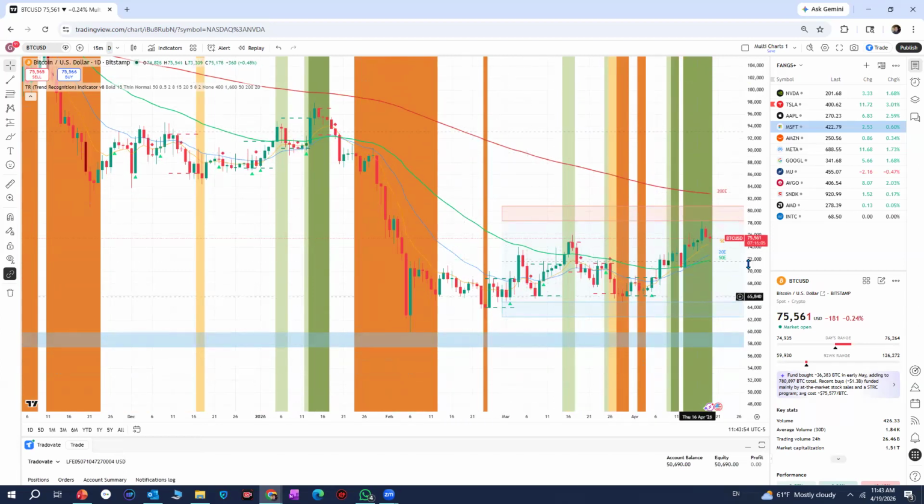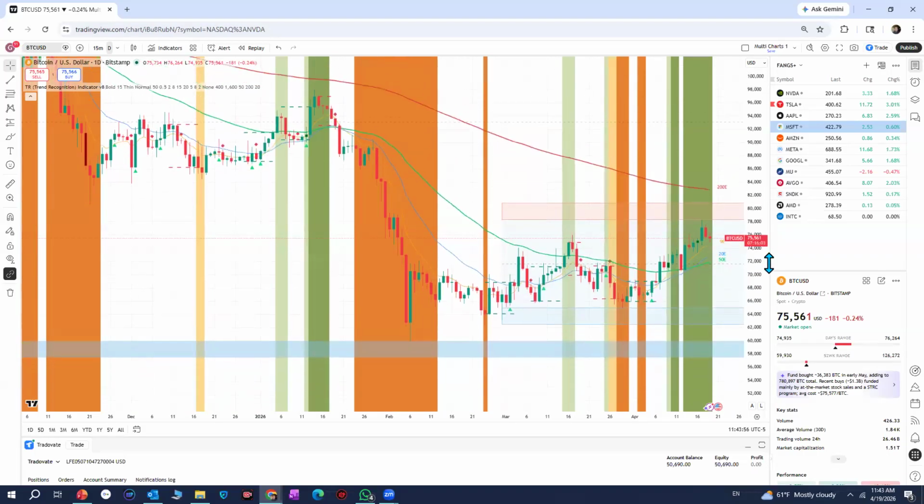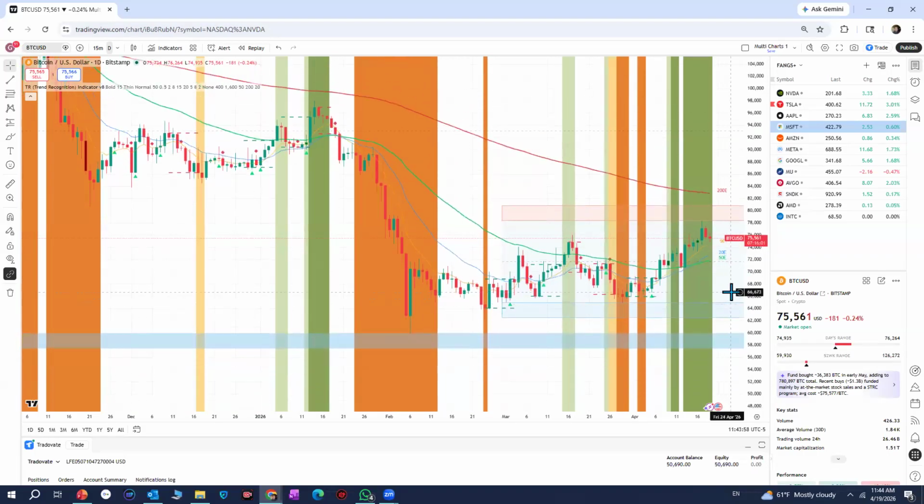So this is Bitcoin. Okay, you are not a day trader. You want an entry to hold some Bitcoin. You see Bitcoin is coming down, you're in a strong downward trend. So will you take a long entry here? No. The indicator is telling you that it's a downward trend.